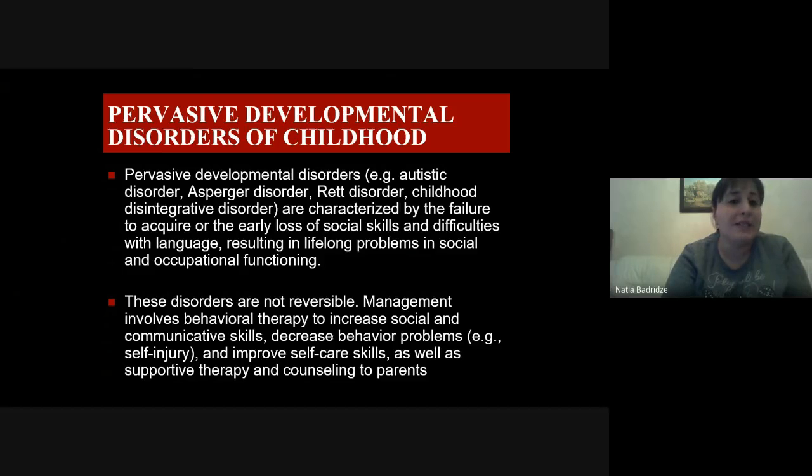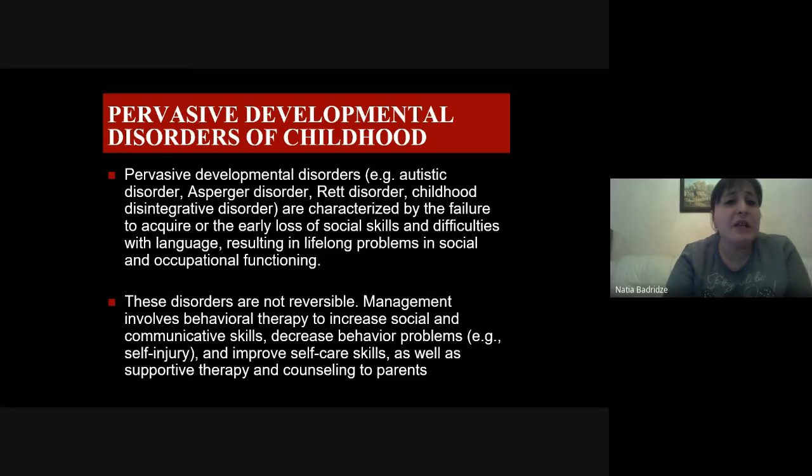Mainly autistic disorder, Asperger disorder, Rett disorder, and childhood disintegrative disorder. These are the major pervasive developmental disorders which are included in the child psychiatric disorders. And of course, ADHD, Tourette disorder, and elimination disorders. These are also psychiatric disorders that are included in this section.